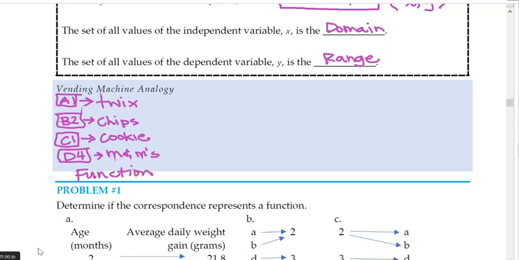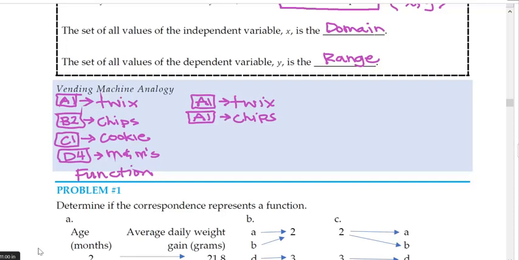This is a function. However, say that in a vending machine the A1 button goes to Twix, and then they messed it up and put another A1 in there, and that's chips.